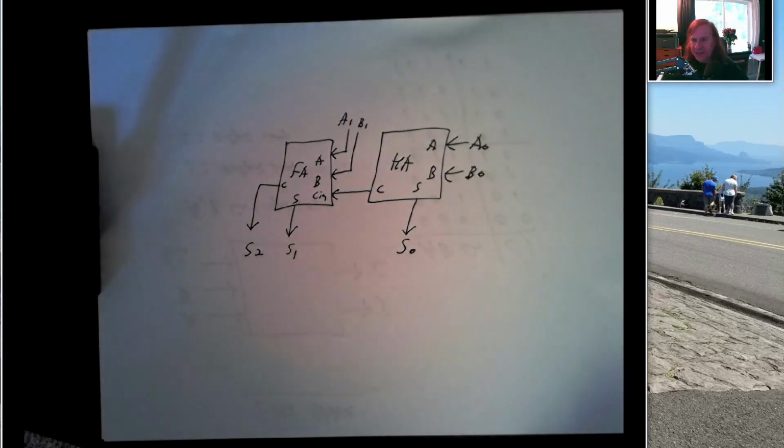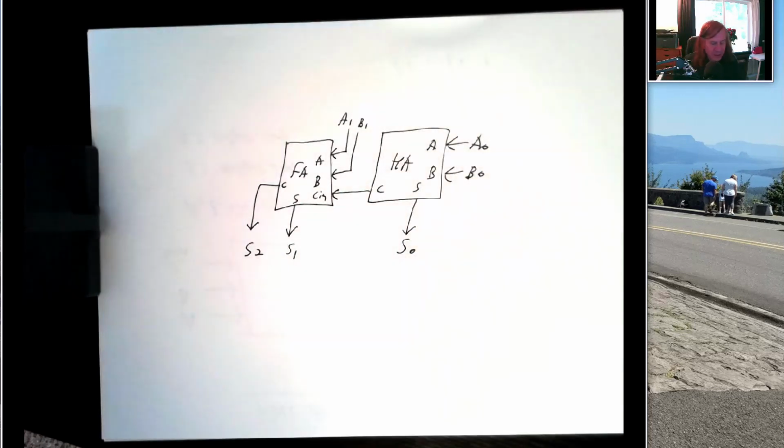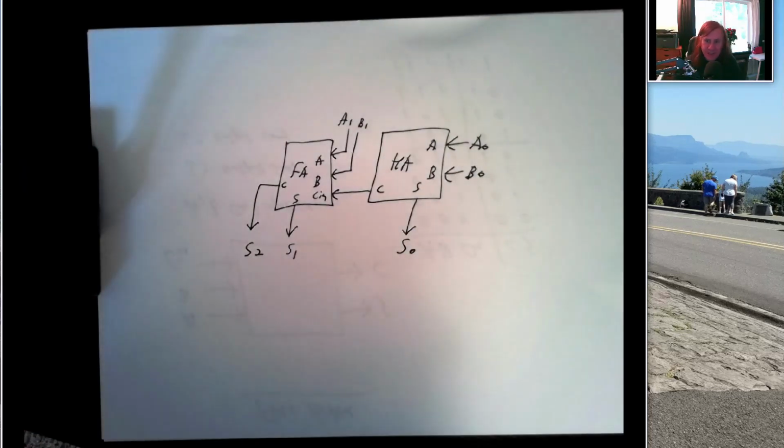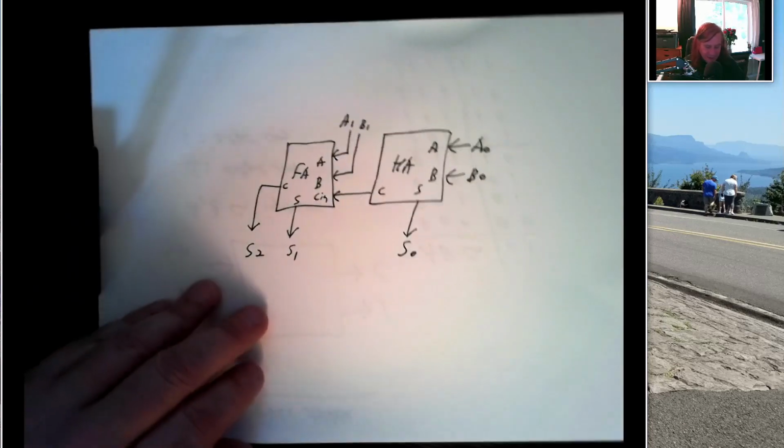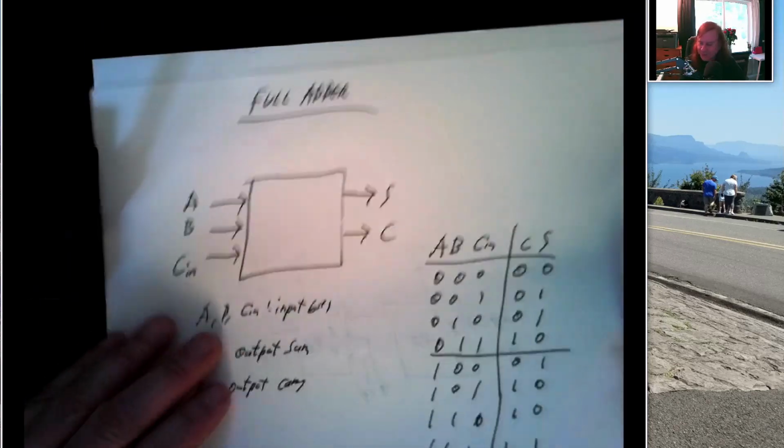Alright, that's the high-level overview of how this works. You're going to do this in a lab, you're going to do this in practice problems. But while you're doing those, don't just follow the steps mechanically. Think about what you're doing and why. Think about what a half adder looks like. Think about what a full adder looks like.